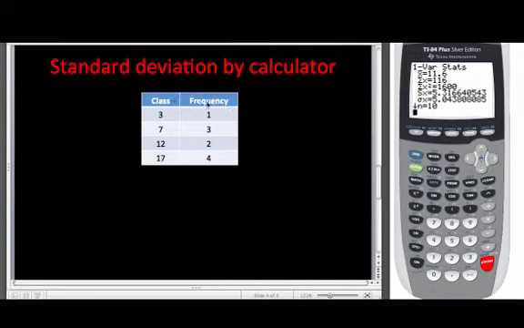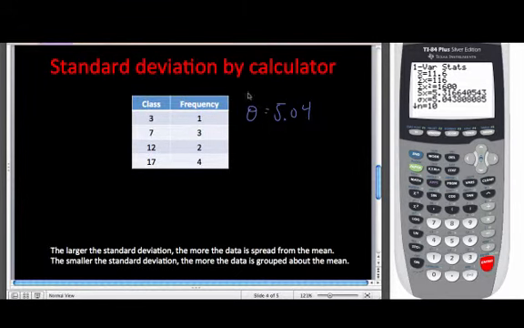So the standard deviation is 5.04 to 3 significant figures. So just remember, the larger the standard deviation, the more the data is spread from the mean or spread out, and the smaller the standard deviation, the more the data is grouped about the mean or clumped together.